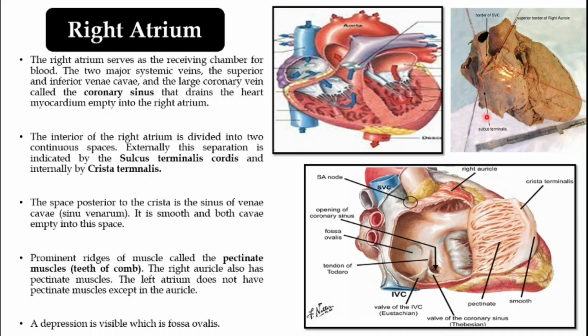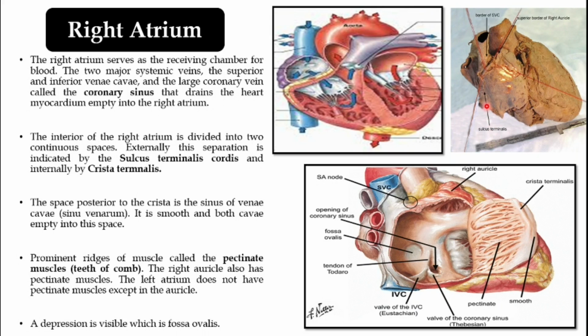And if we cut the right atrium of the heart from this narrow shallow groove area, and fold the anterior portion of the right atrium in this manner, you can see the different surfaces of the right atrium anteriorly.